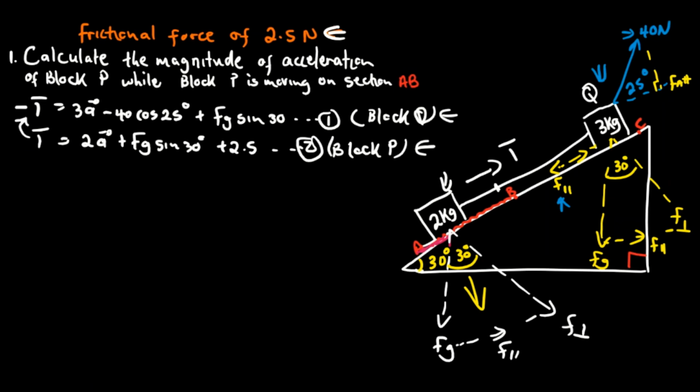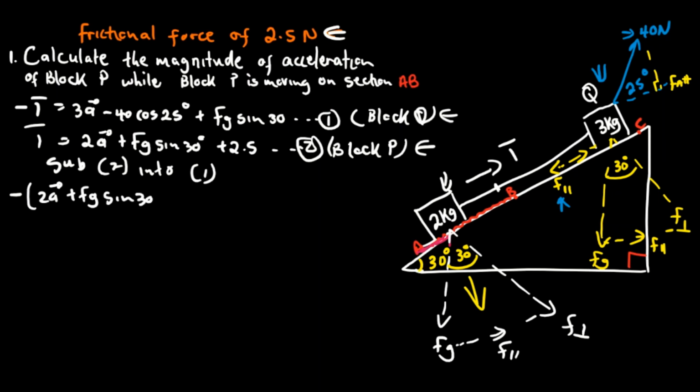When we see T, we're going to put 2a plus F_g sine 30 degrees plus 2.5, so it's going to be minus into 2a plus F_g sine of 30 degrees plus 2.5.